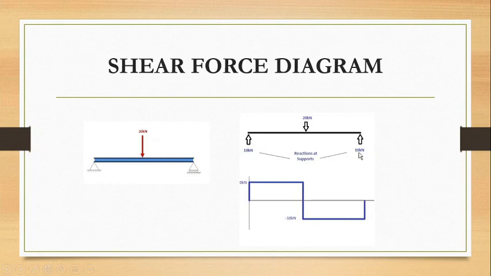Here again a 10 kilonewton force is applied, which is positive, so we will go up and again reach 0. Does this diagram not show you that the sum of all the forces is equal to 0? We started from 0 and we have ended on 0 again. If you get any other answer other than 0, that means you have made some kind of mistake somewhere.